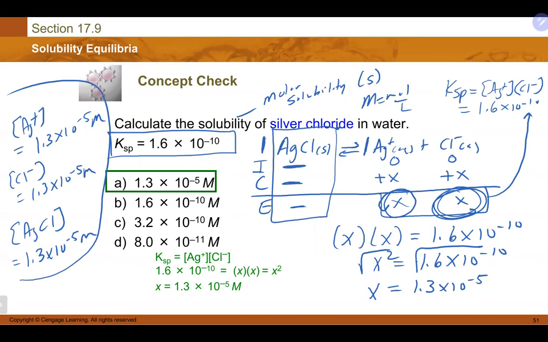When you do a KSP problem, and technically people use S's, when you solve for X or S or whatever letter you use in this type of calculation with KSP, that value is the molar solubility of the entire thing. Usually when you solve for X, it is the molar solubility, or moles per liter, of the entire compound. Any questions on that there?